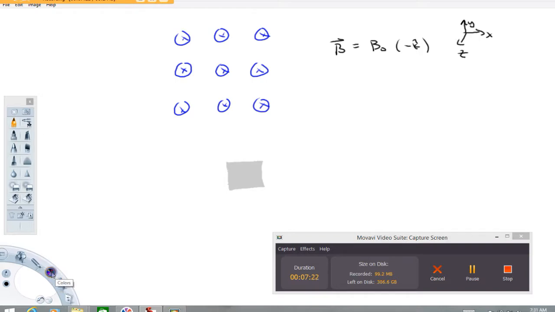So let's draw the velocity vector in black. Imagine now that this conductor is moving through the field this direction. So there's my velocity vector. Now, when you're dealing with conductors, it is the electrons that are free to move.